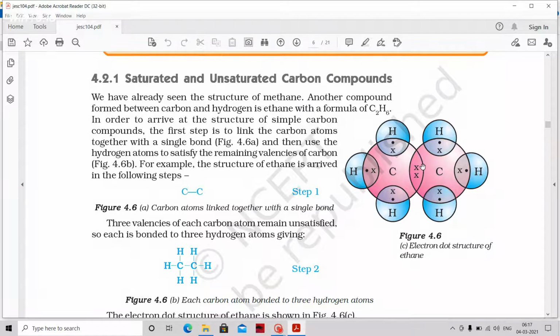Those are univalent atoms. Clear? If you provide those 4 atoms to bond with, allowing the carbon to have bonds with 4 different atoms because it has tetravalency, then the compounds formed because of those bonds are called saturated compounds.